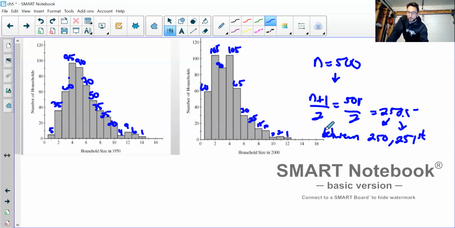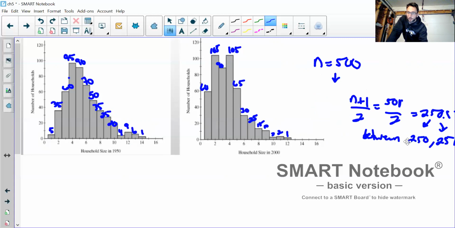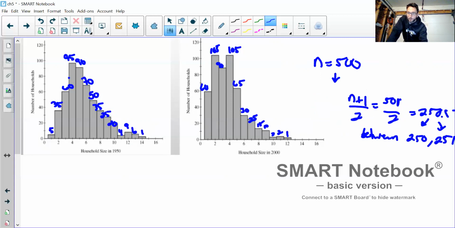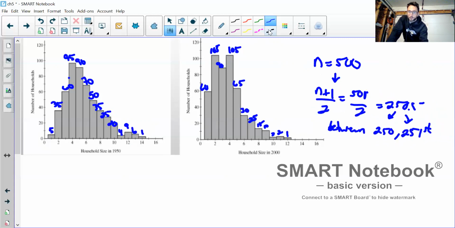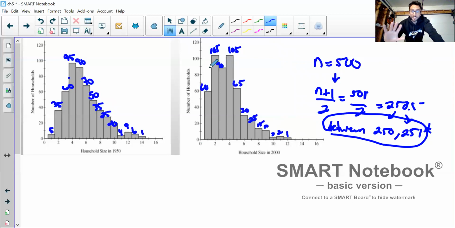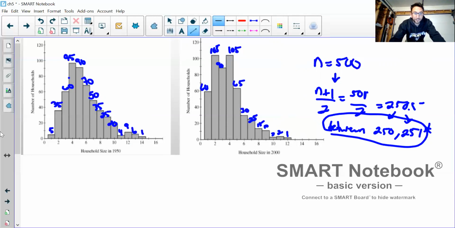So now I'm thinking, I want to figure out where the 250th and 251st data values are. As I was doing that, I started to label these heights. It's really easy to get caught up wasting way too much time estimating these heights. I had the line out, trying to see what the heights were, and then I realized no one can do that on the AP exam.